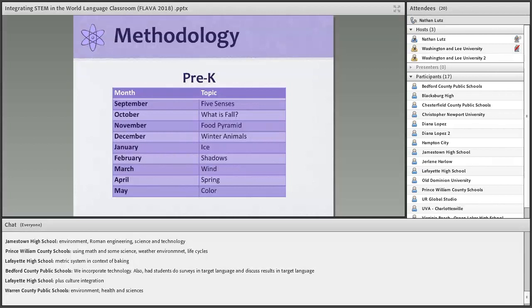Rather than doing all 8 grade levels all at once, we decided to start at the very youngest and then to gradually move up. So you'll see quite a simplicity of the type of topics that they're working on in the pre-K with the 5 senses in the very beginning of the year. What is fall, the food pyramid, winter animals, ice, shadows, wind, spring, and color.